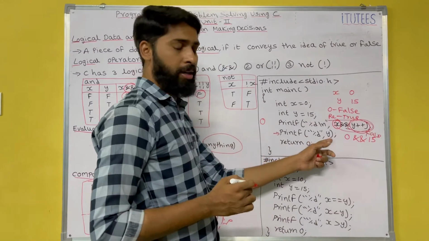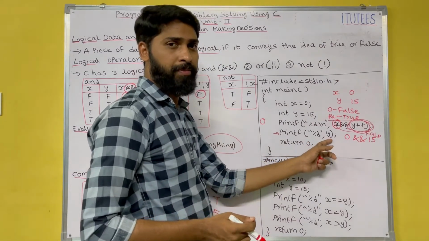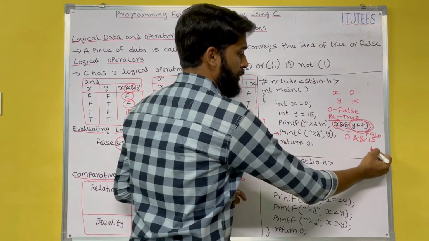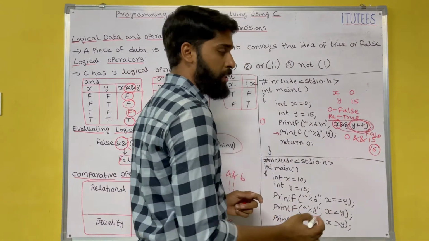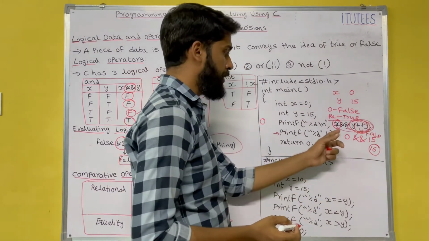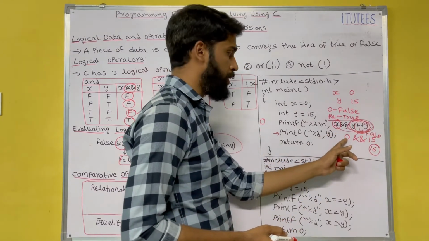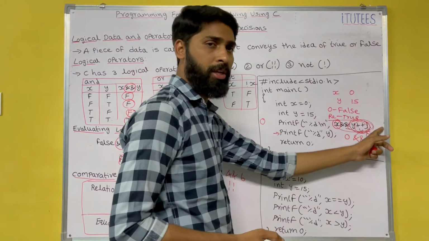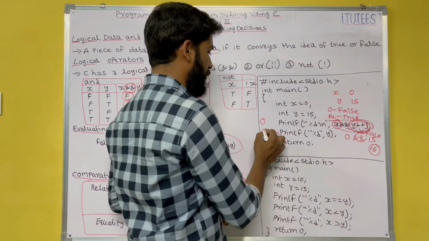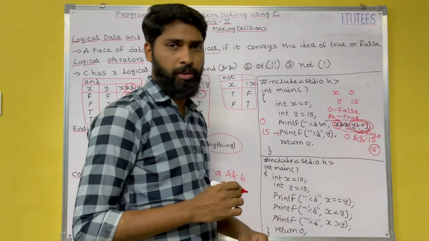If you print y, what is the expected value? You all may think that y plus plus means after execution it becomes 16, but this instruction does not execute. Why? Because the x value is 0, so it automatically ignores all the remaining expressions and goes to the next instruction, and the y value stays 15 only.